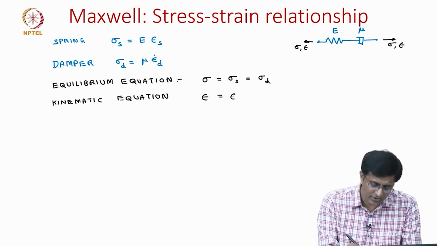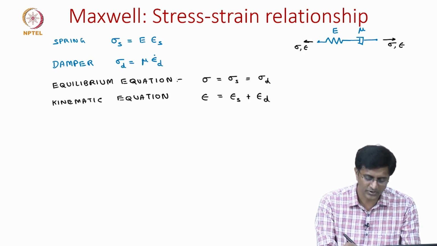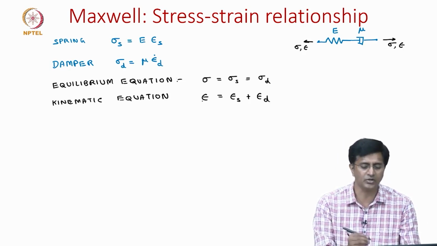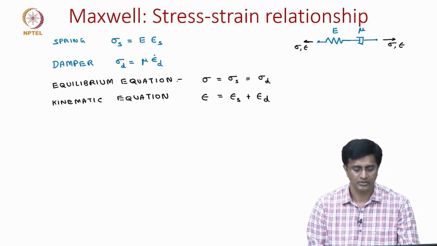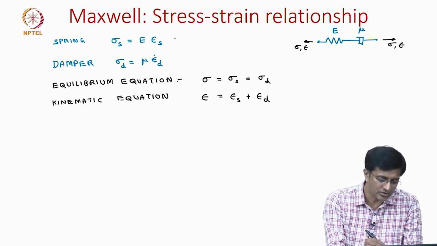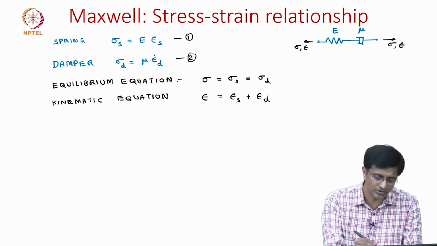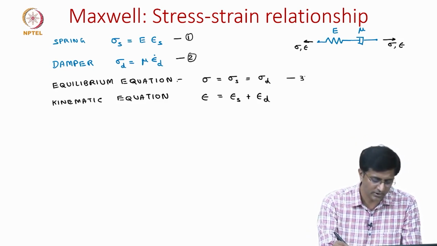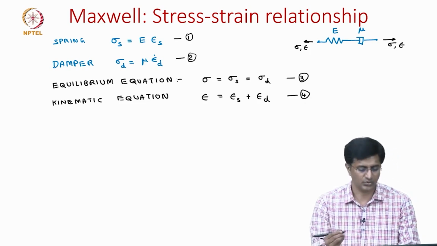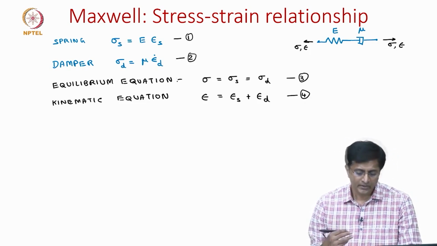So, the strain in the spring, epsilon s, plus the strain in the damper, epsilon d, gives the total strain epsilon. Let us number these equations: 1 and 2 are the constitutive equations of the elements, 3 is the equilibrium equation and 4 is the kinematic equation.